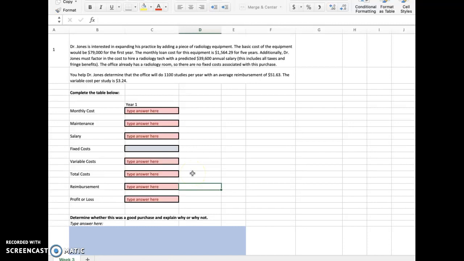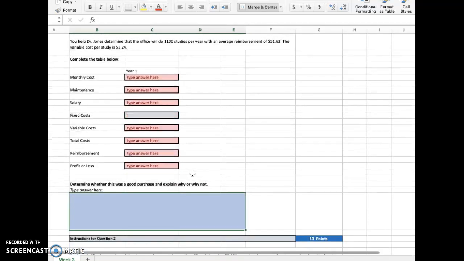If your reimbursement is higher than your total costs, you know that you've made money and that's a profit. And if your reimbursement is lower than the total costs, you know that you have a loss for that year.